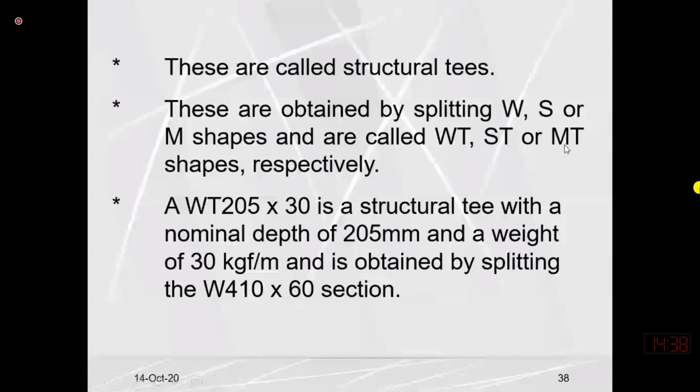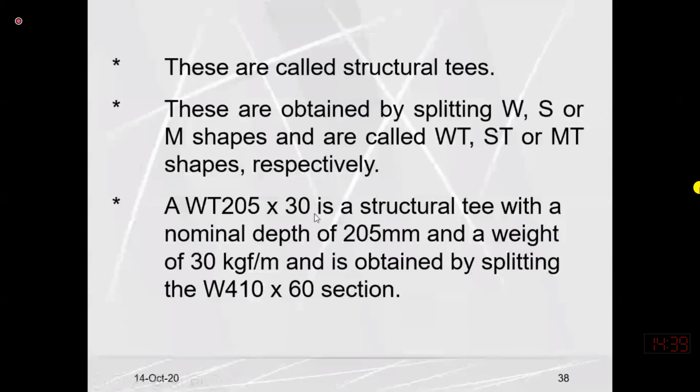So a WT means a T section which is obtained by splitting the W section, whose nominal depth is 205 millimeter and the weight is 300 kilogram per meter.